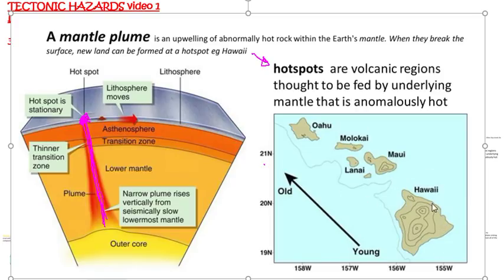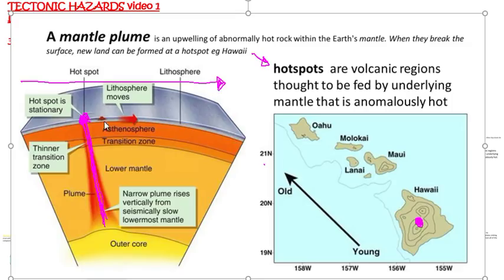Because what's happening in Hawaii is we've got a hotspot underneath this island here, and the hotspot stays fixed in its location. The only thing that moves is the crust that sits on top of it. So just visualize it. The hotspot keeps breaking through the surface, but the crust above it moves slowly.